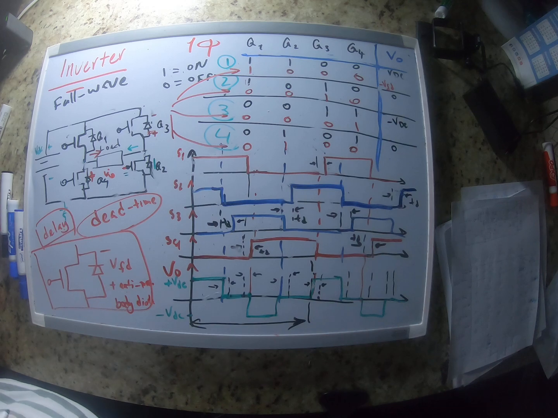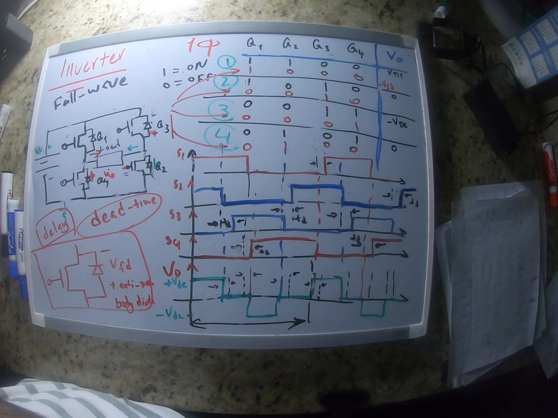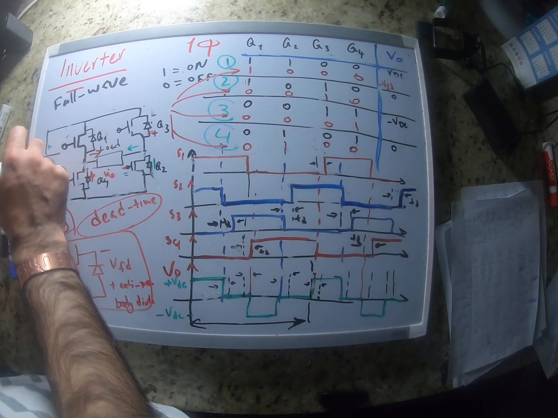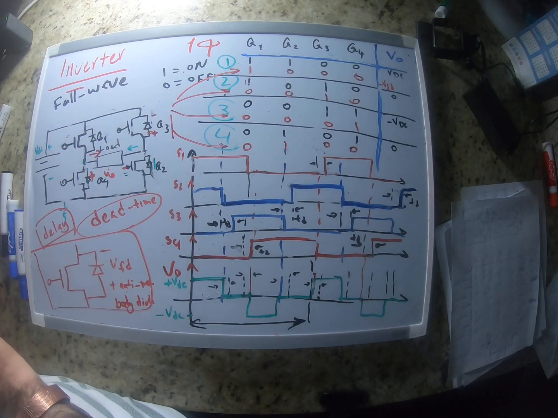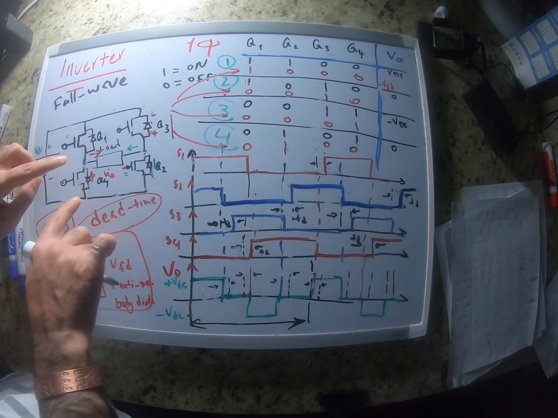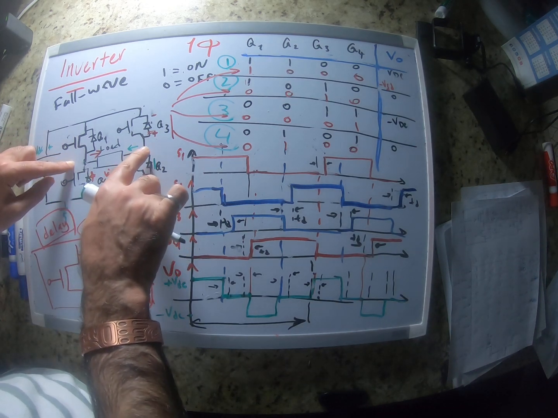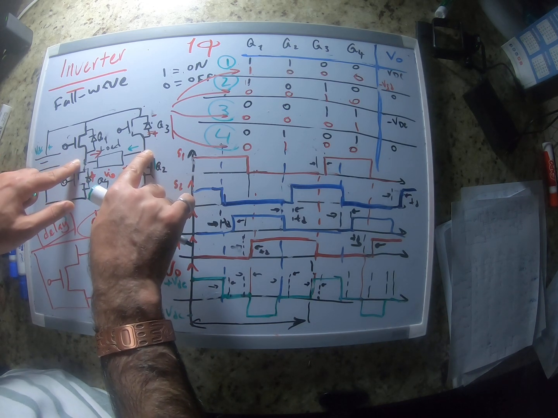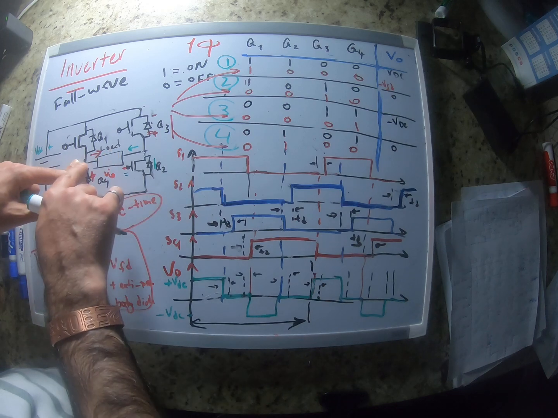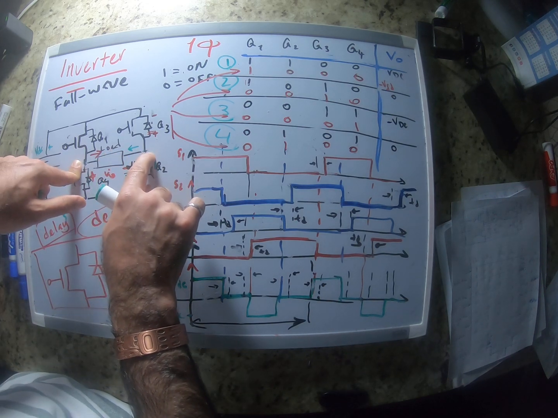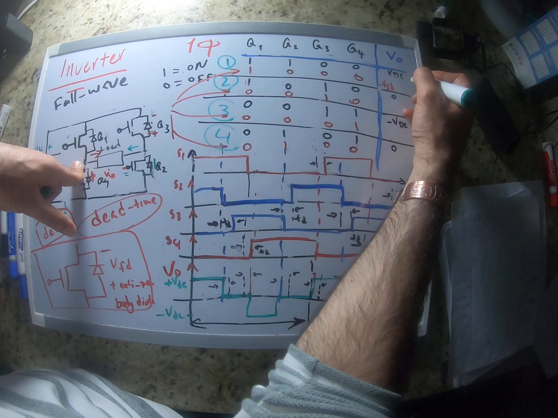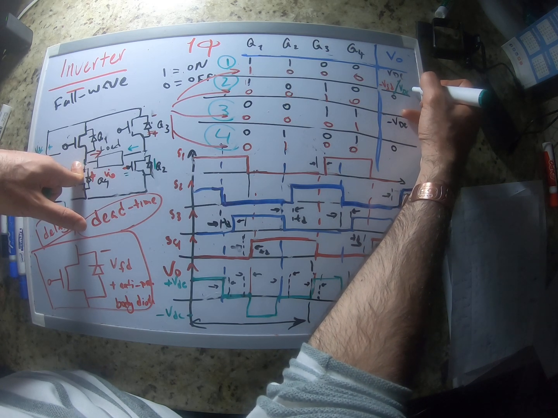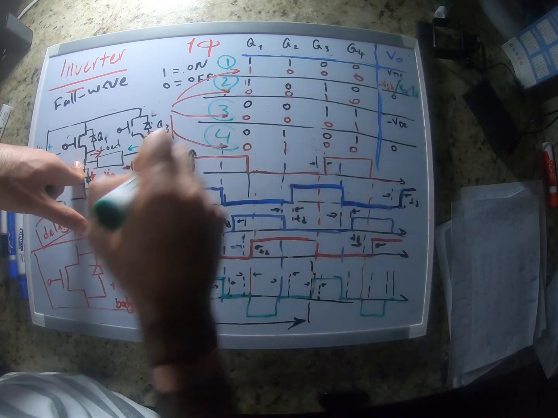Now what's the voltage across the load? This point is connected to VDC, so this node is VDC, and here we have 0 minus VFD. So the voltage across the load is going to be VDC plus VFD. So it's going to be either negative VFD or VDC plus VFD.